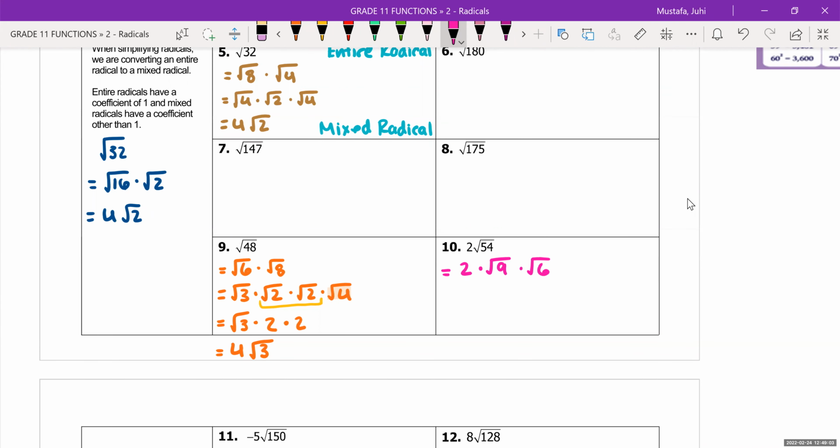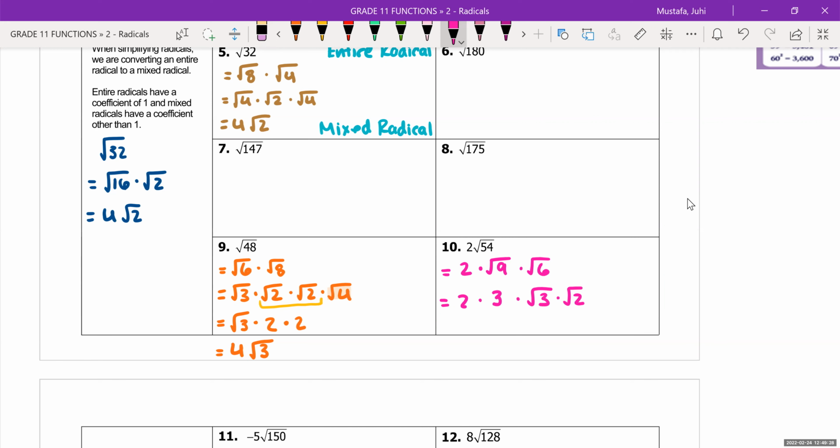Can we split up root 6 any further? Okay, so don't write this down, but let's say we did split up root 6 into root 3 and root 2. We know the square root of 9 is a 3, so I can actually go ahead and replace the 9 with a 3. But now look what happens.